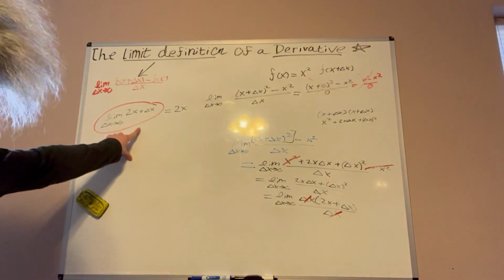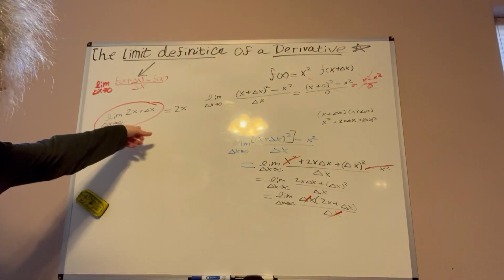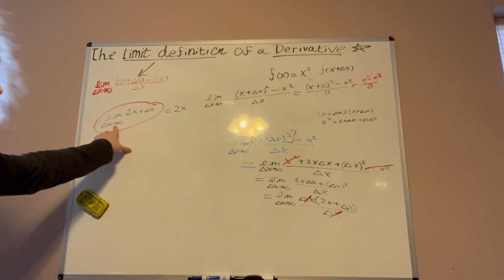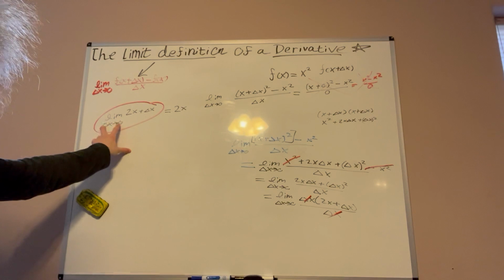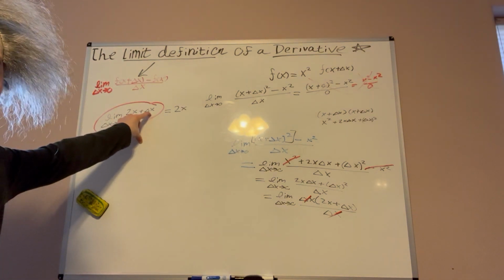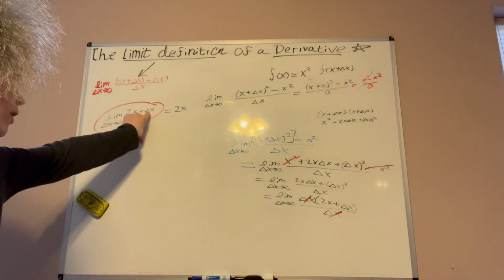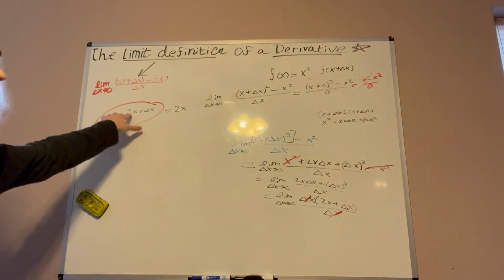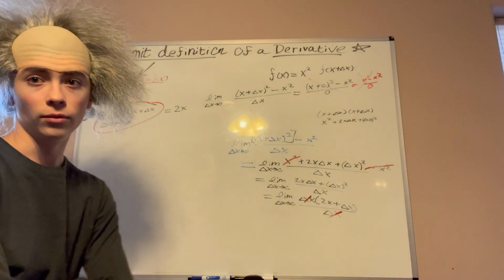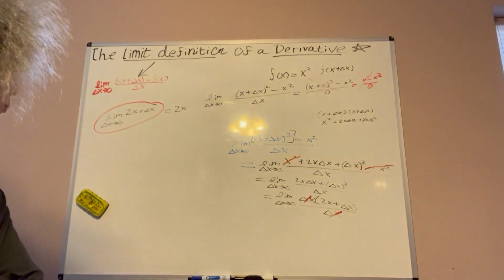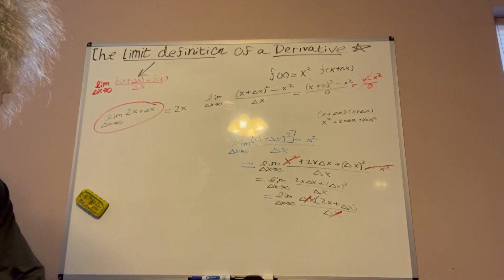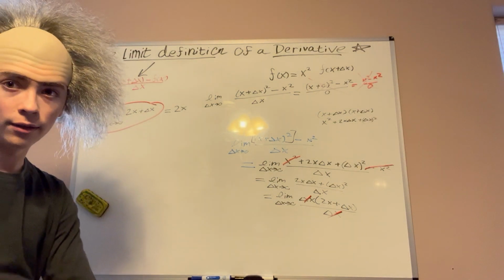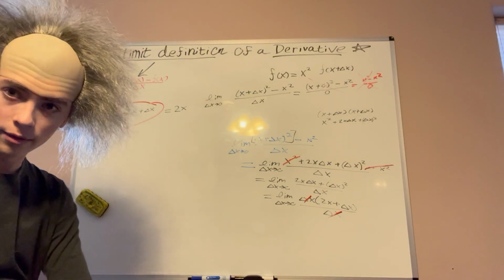But over here, you could split this up into the limit as delta x approaches 0 of 2x plus that same limit of delta x. And really what that gets you is 0 for the delta x limit term, plus, since there are no delta x terms in 2x, you don't really do anything.